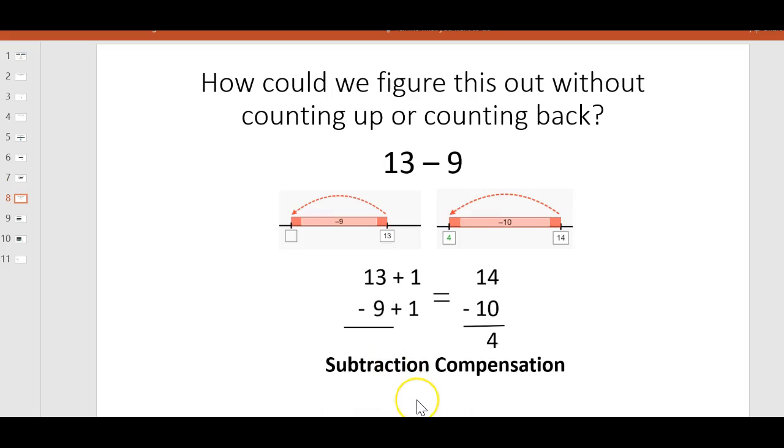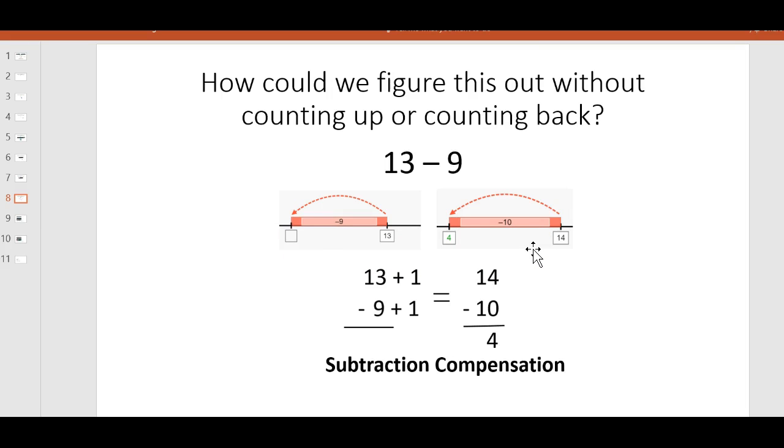And I went ahead and already created this model using the Math Learning Center's number line applet. And so what you can see is that I started with 13 on a number line, and I jumped back 9. And then if I don't really know 13 minus 9, that's not that convenient.